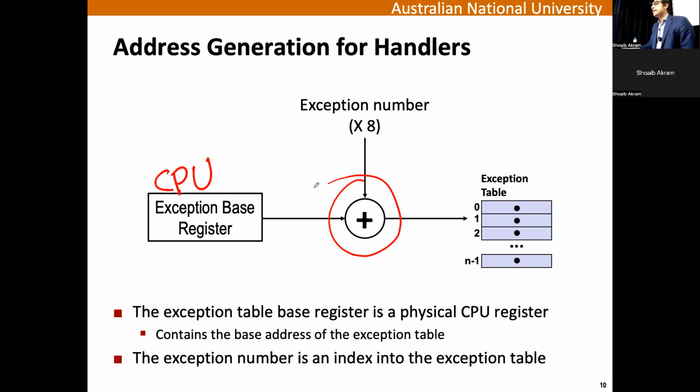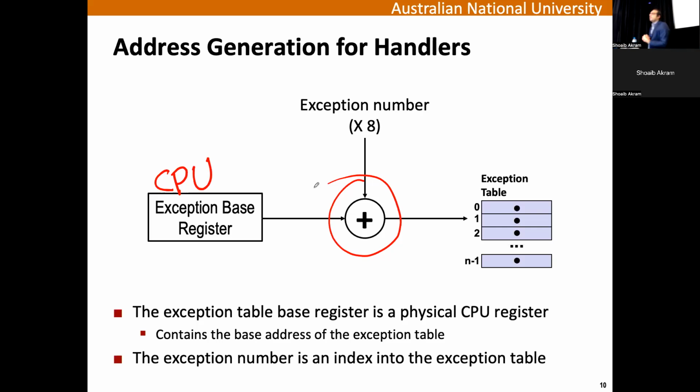Good. So we're taking the exception number and multiplying it by 8. Why are we doing that? Because each pointer, each address, is 8 bytes. Same idea. You take the exception number.